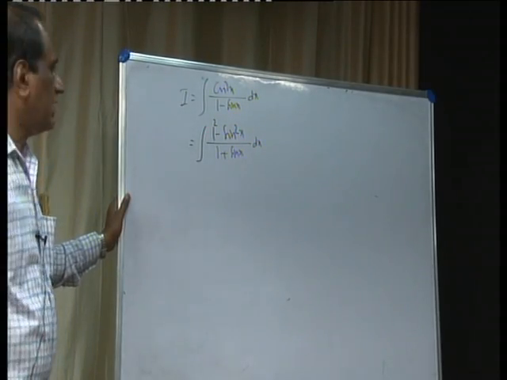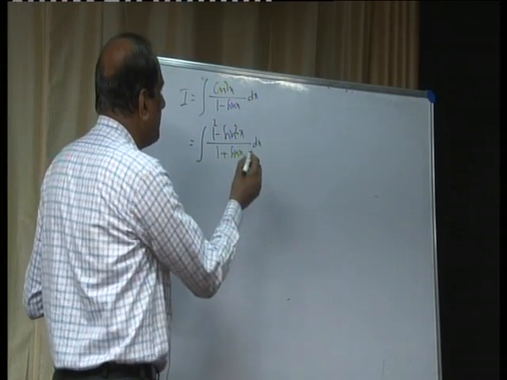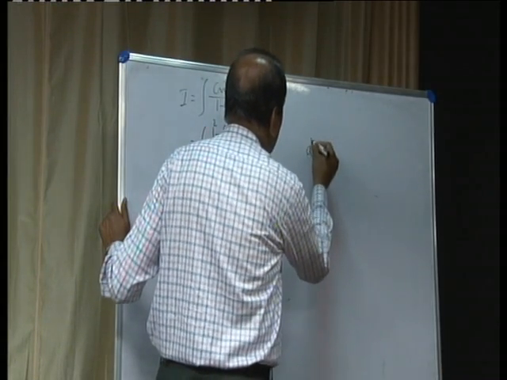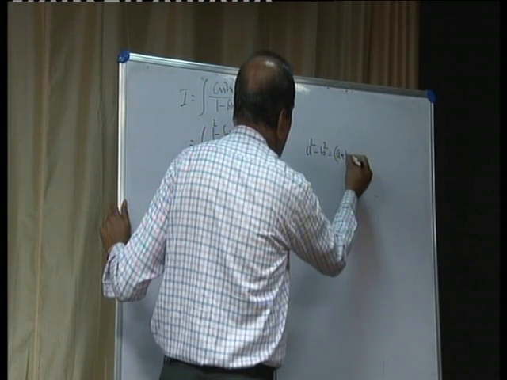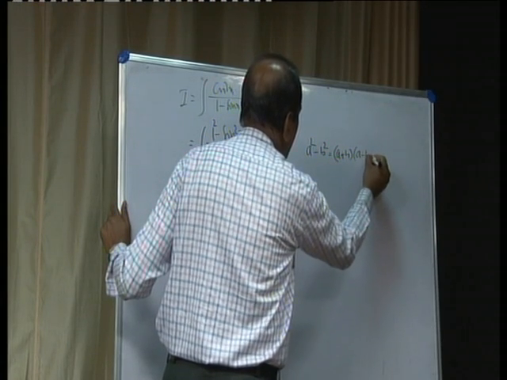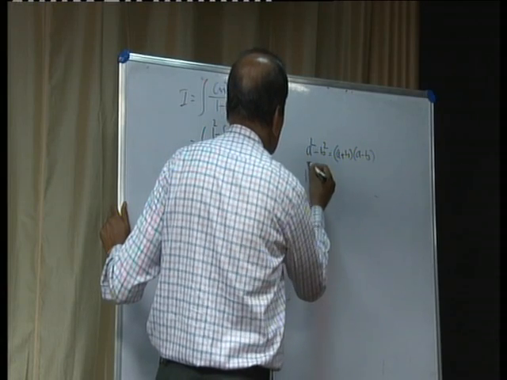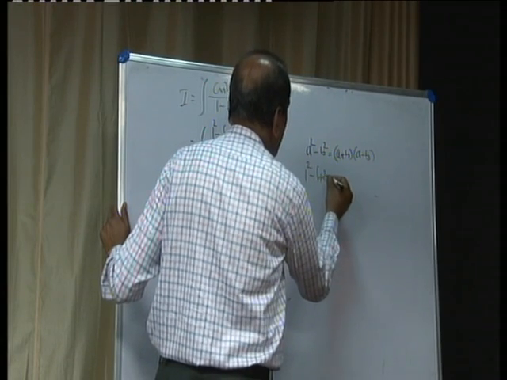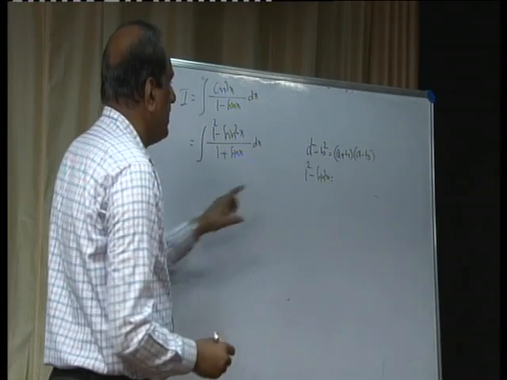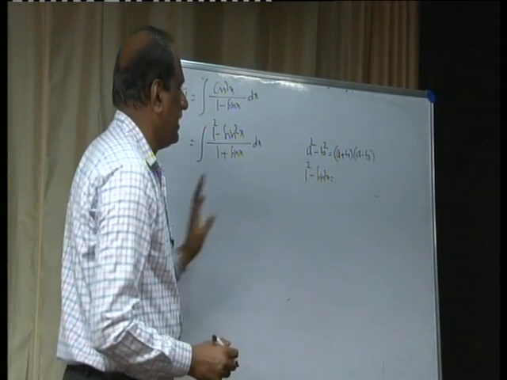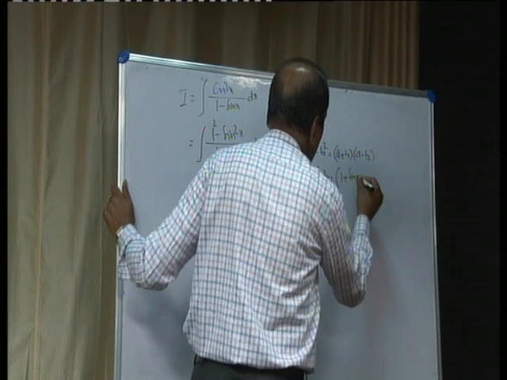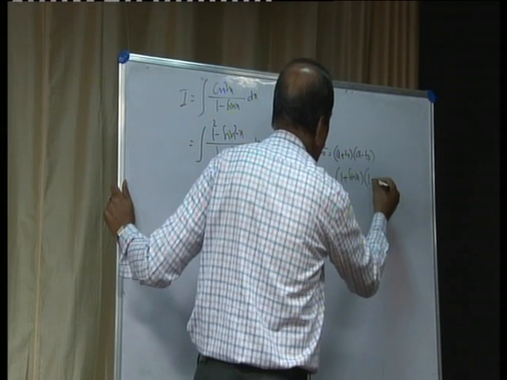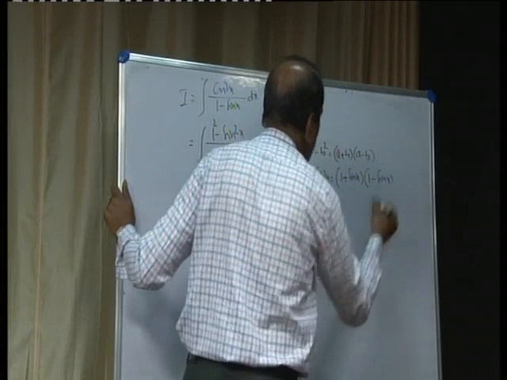The factors of a square minus b square are a plus b and a minus b. Here a is equal to 1, b is equal to sin x. A plus b means 1 plus sin x, a minus b means 1 minus sin x.